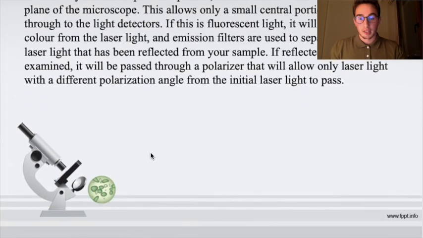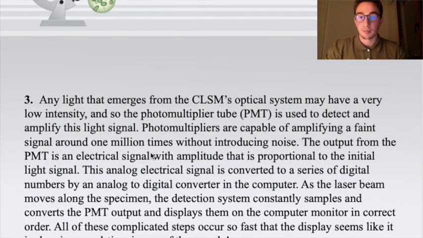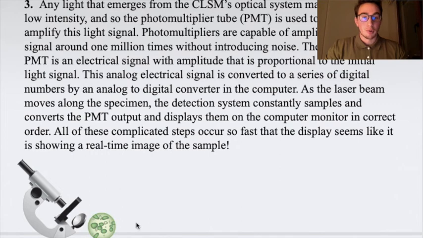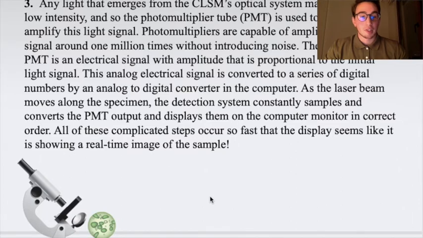So the last part: any light that emerges from the CLSM optical system may have a very low intensity, so the photomultiplier tube is used to detect and amplify this light signal. And all of these complicated steps occur so fast that the display seems like it is showing a real-time image of the sample.